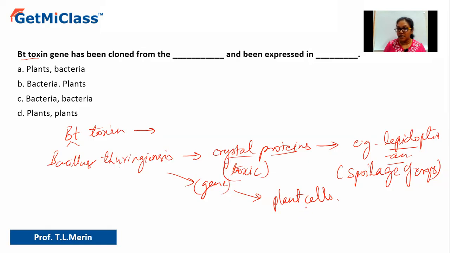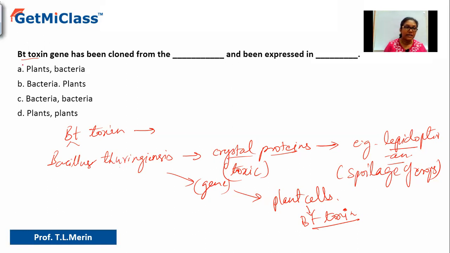Then the cells of these plants will produce Bt toxin. When the insects feed on these plants, the Bt toxin will be active, and then it will kill the insects. It has a specific effect: this Bt toxin works on the gut cells of the lepidoptera, and that's how they die.